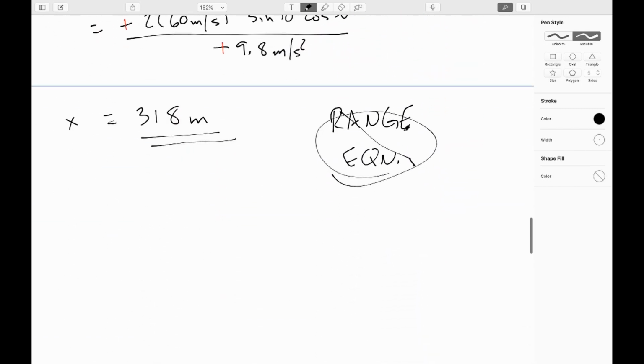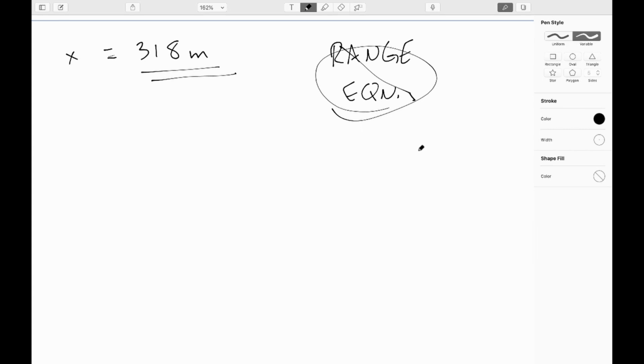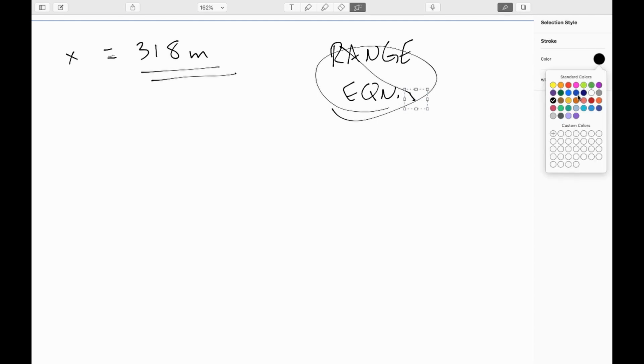So that's why I'm not a fan of special purpose equations. If you start from things that you know are true, then you'll end up with something that you know is true. If you just were to willy-nilly grab this range equation, if you happen to know it from a previous lifetime, you could get yourself into some trouble because it might not apply to the situation that you care about.